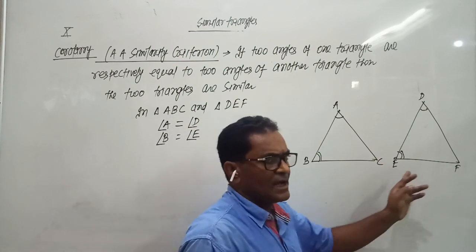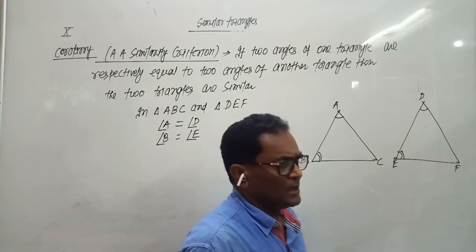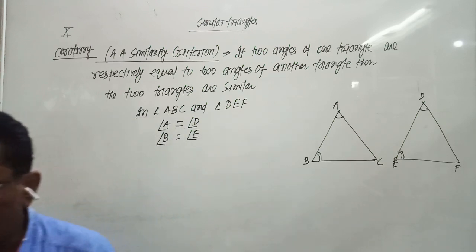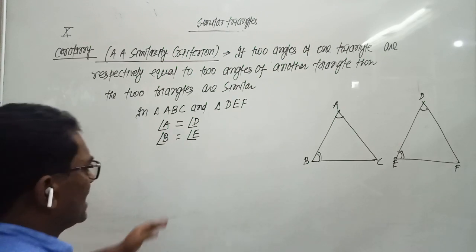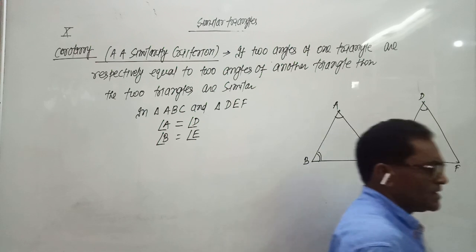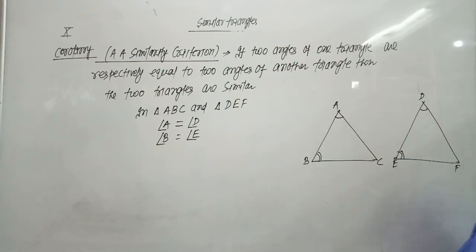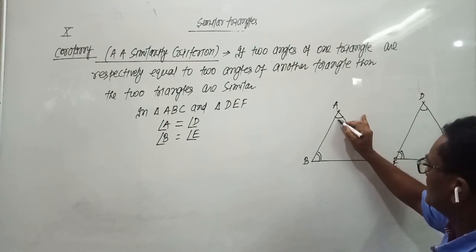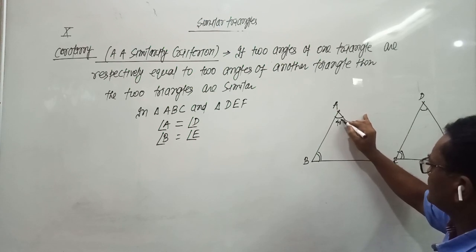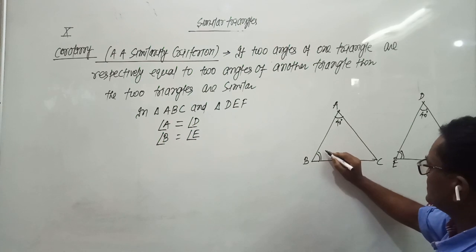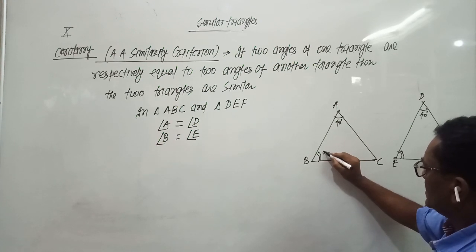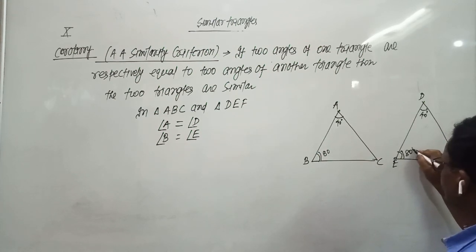Then the third angle must be equal. If two angles of one triangle are equal to two angles of another triangle, then the other angle must be equal. Suppose this is 40 degrees and this is also 40 degrees, this is 80 degrees and this angle is also 80 degrees.